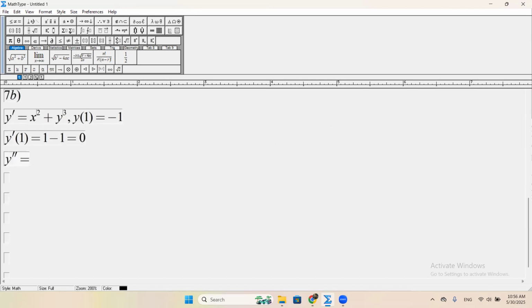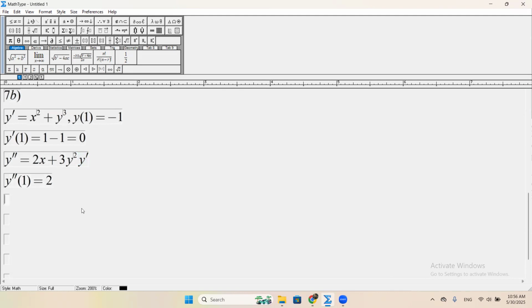So the second derivative will be equal to x plus 3y square by y prime. And so the second derivative at point 1 will be equal to 2, because y prime from 1 equals 0.